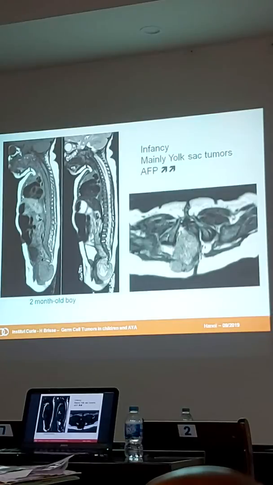So it's very typical for a malignant germ cell tumor in this area. And most of the time it is a yolk sac tumor. So the first thing to do is to get the AFP level, and if it is really increased, you get the diagnosis, you don't even have to make a biopsy of the tumor.